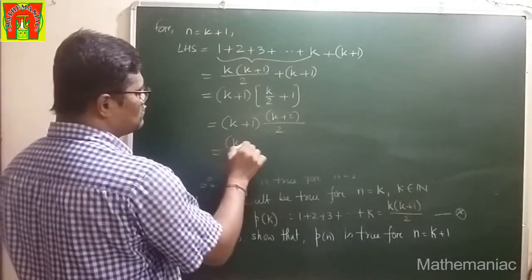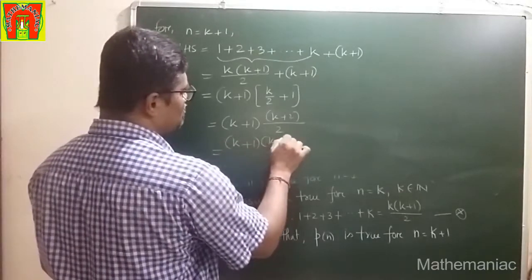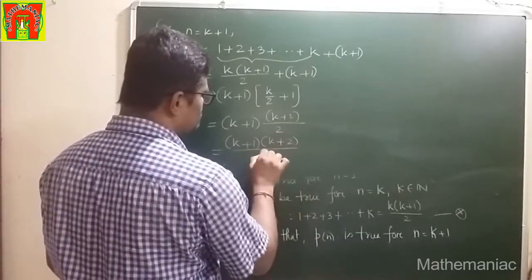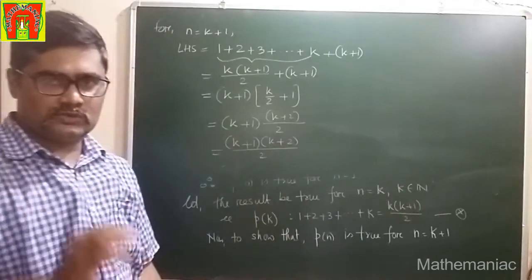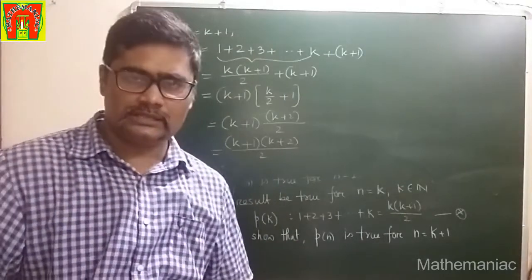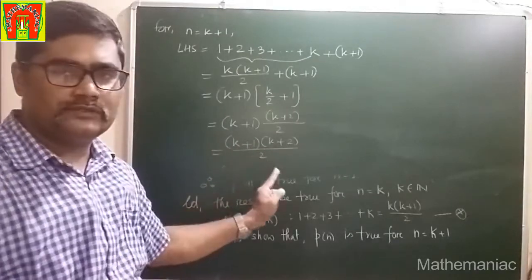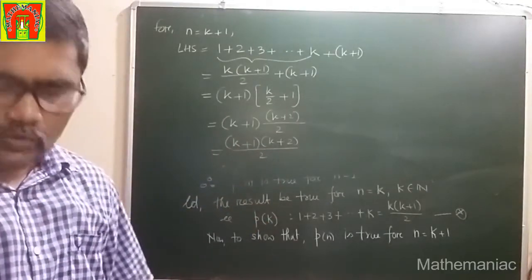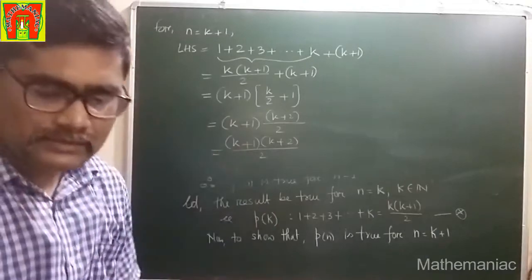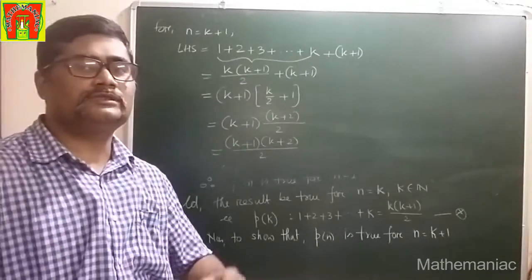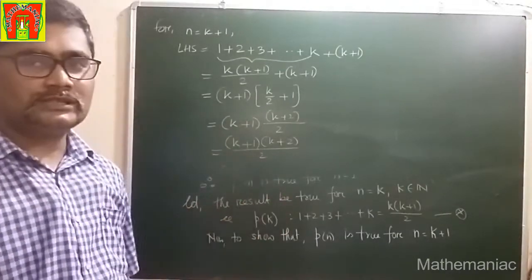As a whole, if you try to simplify, this is the result. So you have come up to the conclusion, and this is k plus 1 into k plus 2 divided by 2.